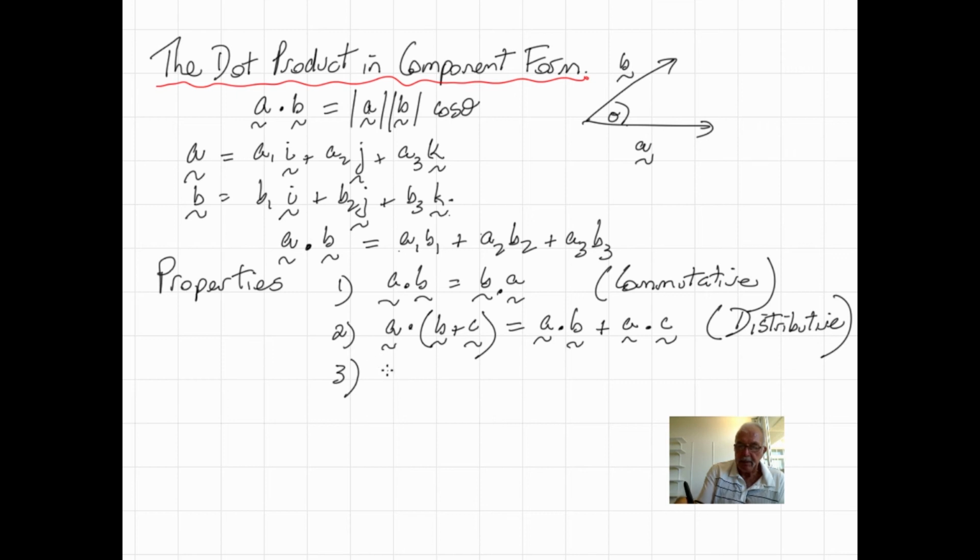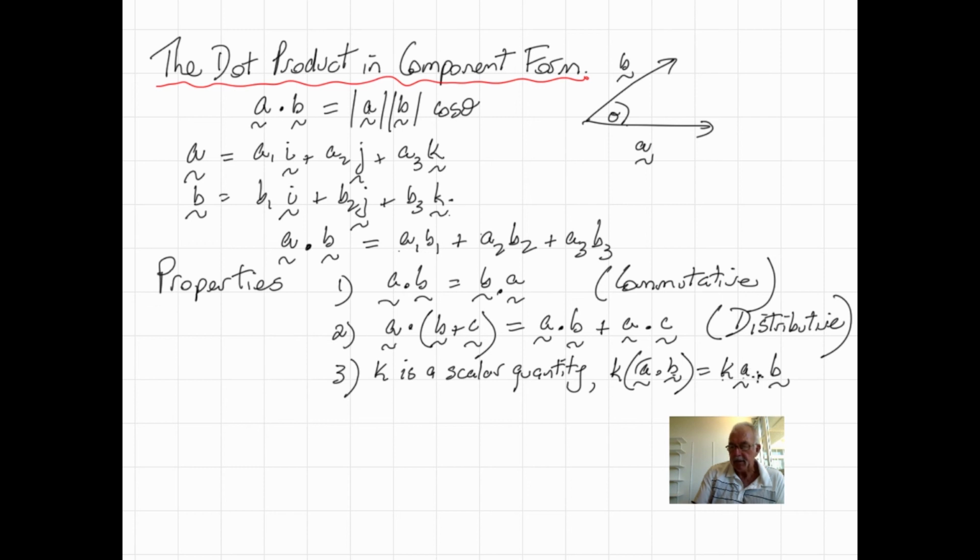Third property is if K is a scalar, so it's just a straight number, it's not a vector, then K times A dot B is equal to, and in this case it's a bit different to up here, the K is not distributed over A and B. What's inside the brackets will end up being a scalar quantity, so it'll be just K A dotted with B. So you can multiply that scalar quantity by vector A, as we've done previously, and then do the dot product.